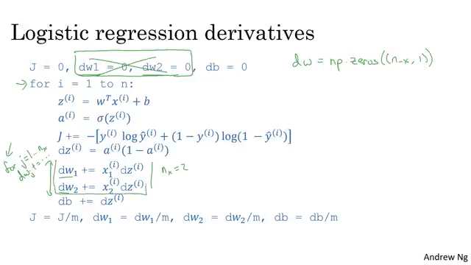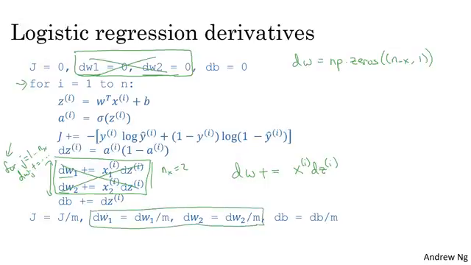Then here, instead of this for loop over the individual components, we just use this vector-valued operation, dw plus equals x_i times dz_i. And then finally, instead of this, we will just have dw divided by m. So now we've gone from having two for loops to just one for loop. We still have this one for loop that loops over the individual training examples.